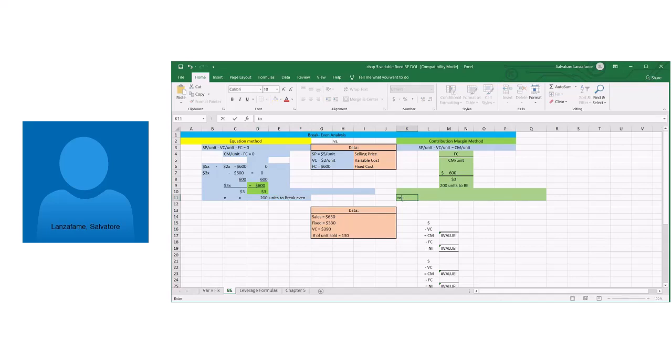So to calculate your break even in sales dollars, all you got to do is take your break even in units and multiply it by your selling price. And the result is $1,000.